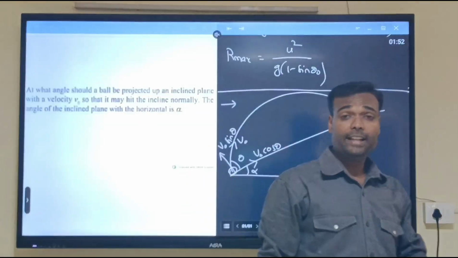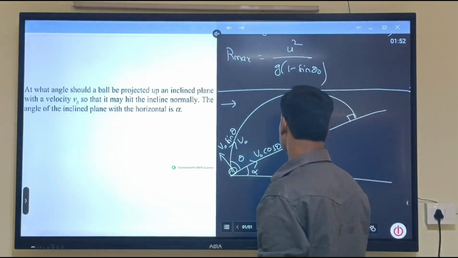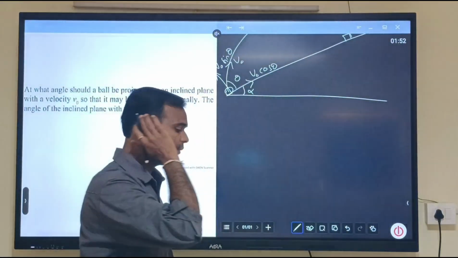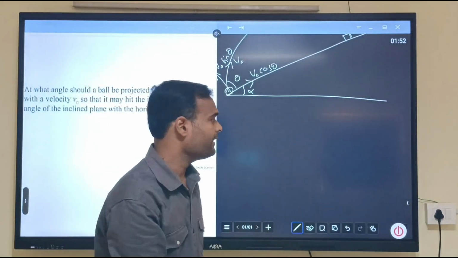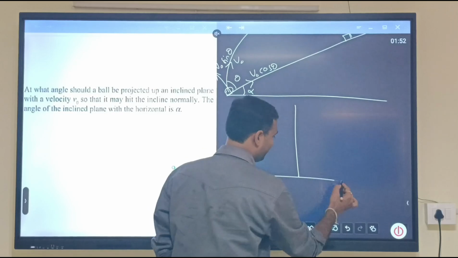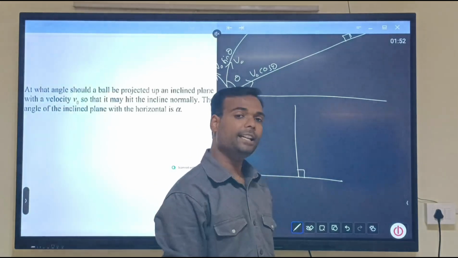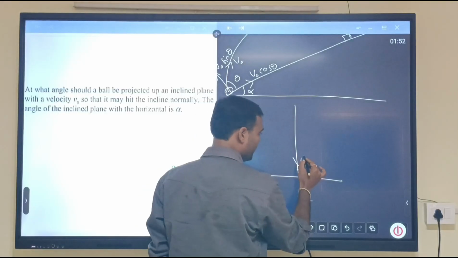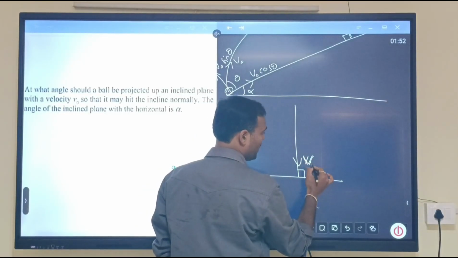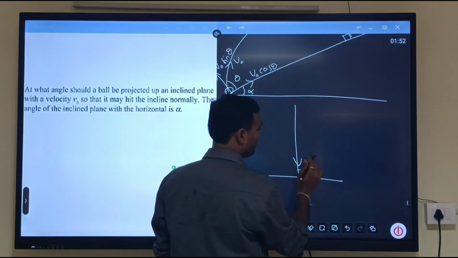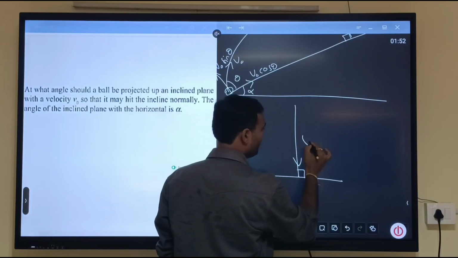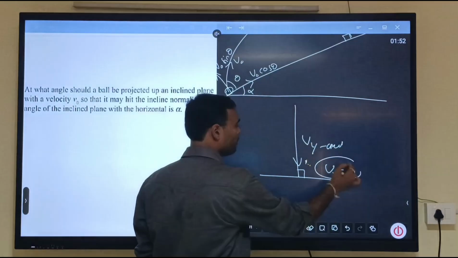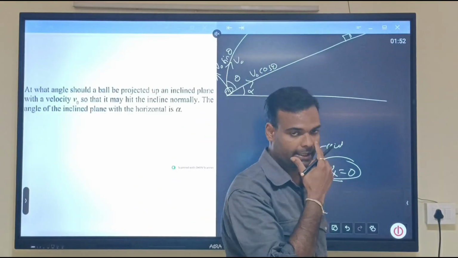Clear? Now the second and most important point: let us assume a small concept before we solve this question. The concept says, if an object is falling exactly perpendicular to the surface, it should possess a velocity on the y-axis, but its velocity on the x-axis becomes 0 because it is falling perpendicular.